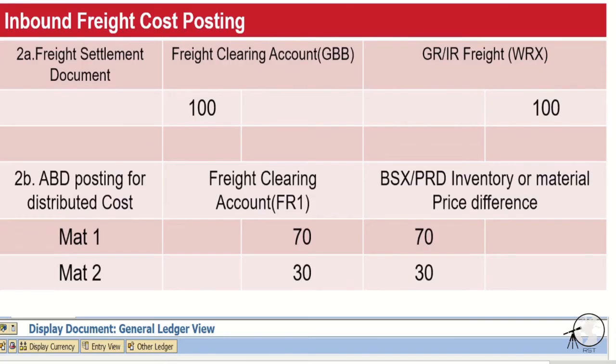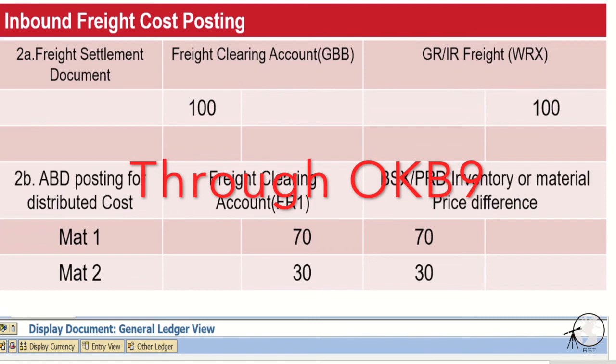Let's first understand what is the process for TM accounting integration. The first step in TM is the freight settlement process, where the total cost of freight is charged to a freight clearing account, and that freight clearing account is basically a P&L account which has default account assignment of a purchase cost center.